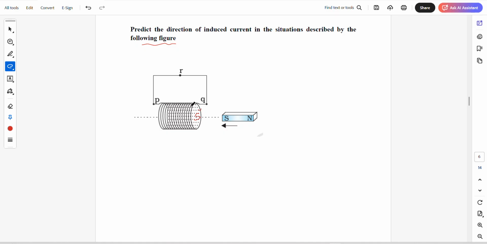The direction of current will be like this. Hope you understood. I am the observer, observing from here, clockwise. It tries to repel the south pole. This will be clockwise like this. Hope you have understood.